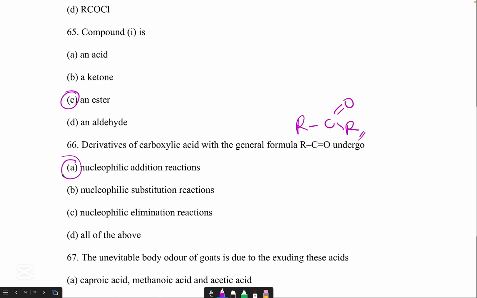But this is looking like nucleophilic substitution reaction though, where the nucleophile replaces the leaving group. I think it's substitution reaction.